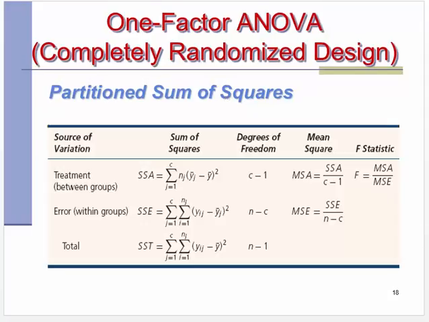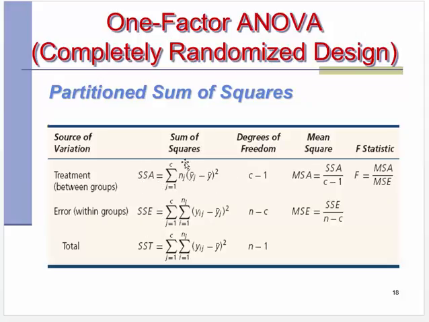This gives you a good summary of the calculations for one-factor ANOVA. You have SSA, the between groups treatment sum of squares, and the within group error, SSE.